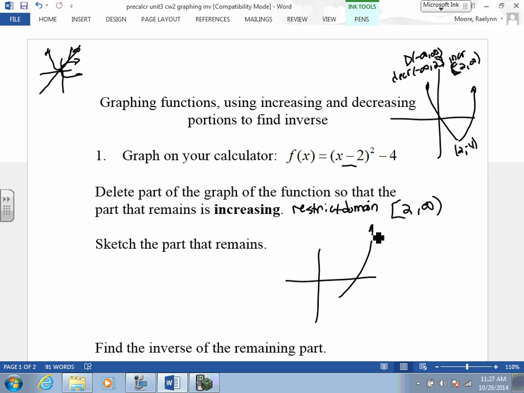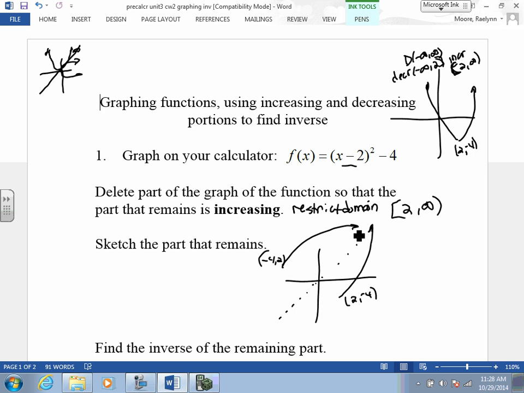So here's our y equals x line. A good way to start, even without the calculator, is to say, what's this vertex point? If I interchange it, what will my new point be when I reflect it? -4, 2. So I'll be here at -4, 2. And I should see my graph go like this. Shouldn't my graph look like that when I'm done?